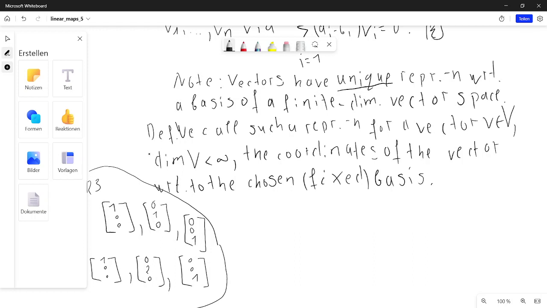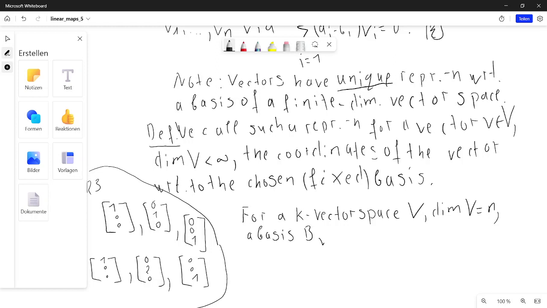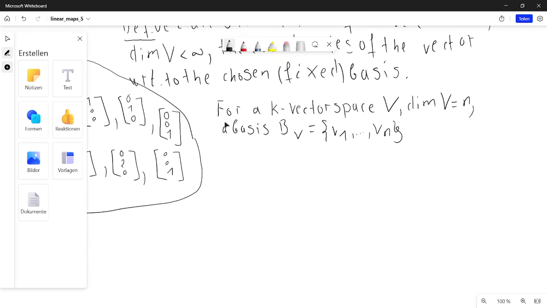All right, we have looked at the uniqueness of the representation, and we have defined such scalars as coordinates. For a k-vector space V with dimension V equal n, and the basis B_V equal to e1, ..., en, we define the coordinate vector, nothing surprising actually.